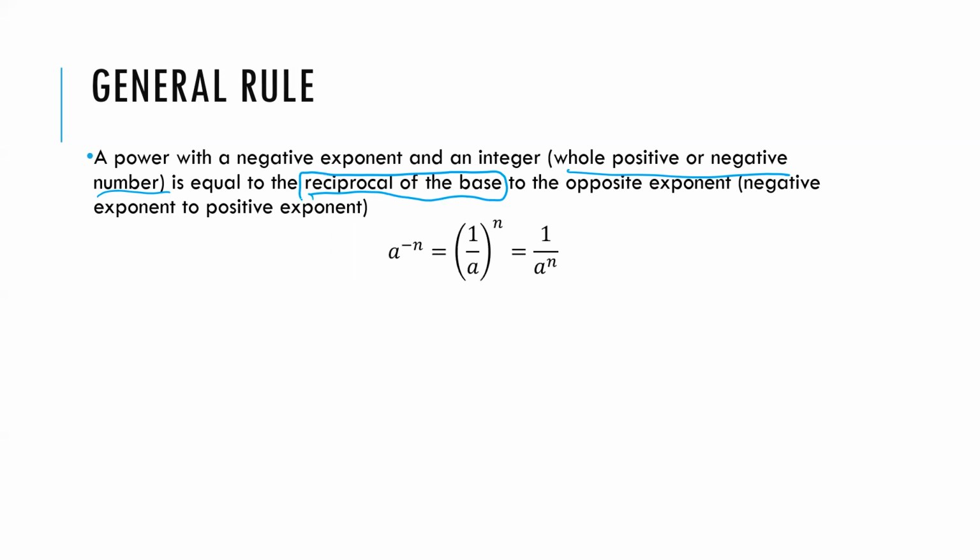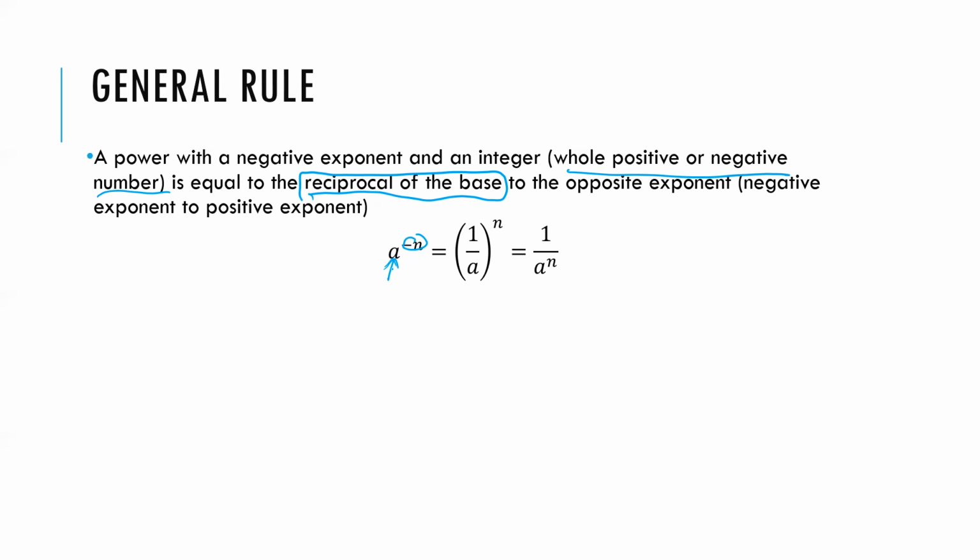So what I mean by that algebraically is, if I have a negative exponent here, negative n, and an integer base, right? So this is an integer base that I'm looking at. In this case, I have, like I said, a whole positive or negative number. This is going to be equal to the reciprocal of the base raised to the opposite exponent, right?